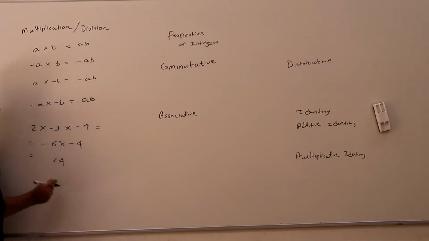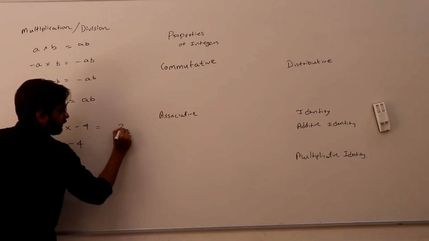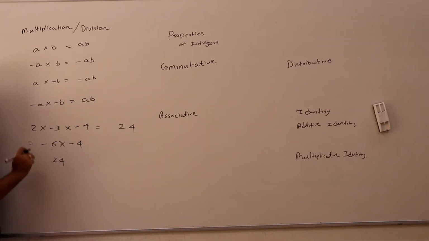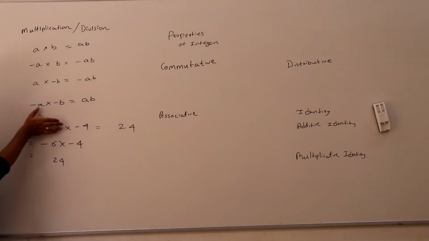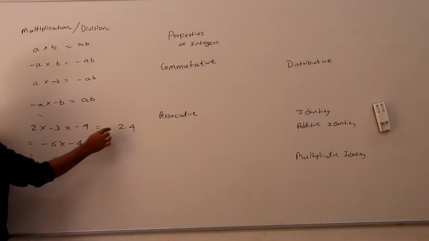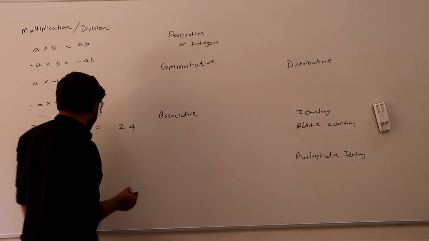Otherwise you can directly do 2 3s are 6, 6 4s are 24, direct answer. What about the sign now? Now pay attention closely, plus minus minus, so the answer of these two numbers will be minus. Now minus minus gives you plus. Understood?